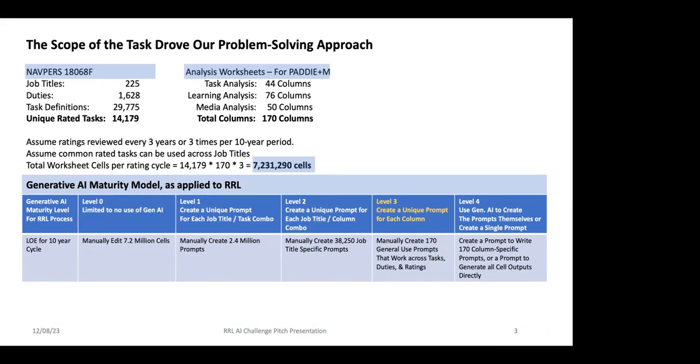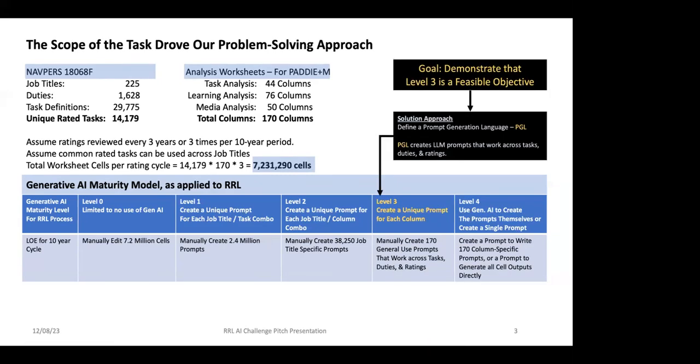This would mean generating 170 general purpose, general use prompts, as opposed to maybe tens of thousands of different prompts that you might need to do manually. The task really becomes, how do we target and how do we prove that we can get to level 3? Our solution approach was to use a prompt generation language so that we could dynamically generate general purpose prompts with enough variability to hit the target here.